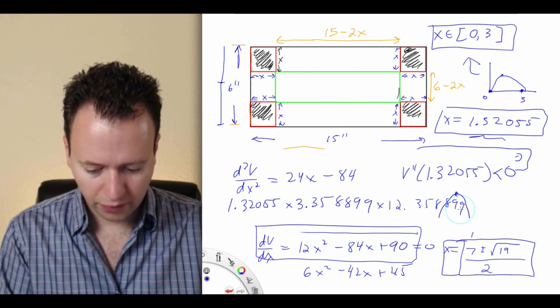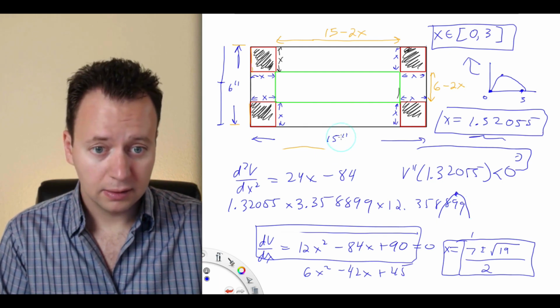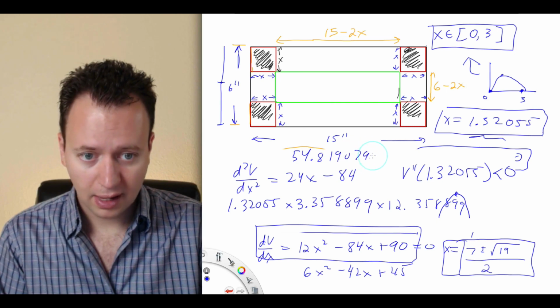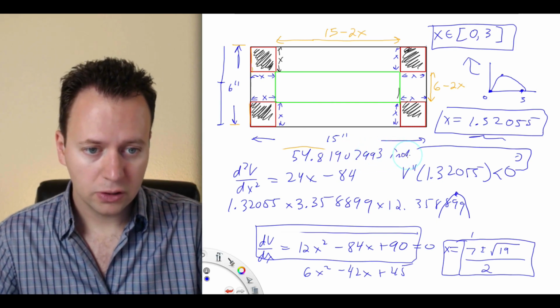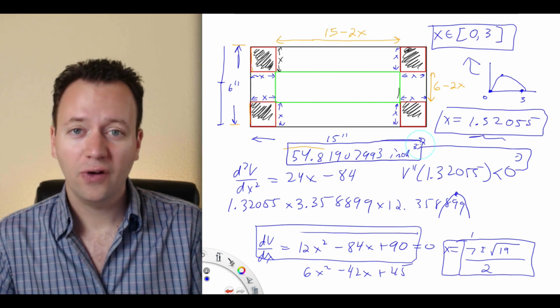So the total volume of the box is 54.819079993 inches cubed. So a little shy of 55 cubic inches.